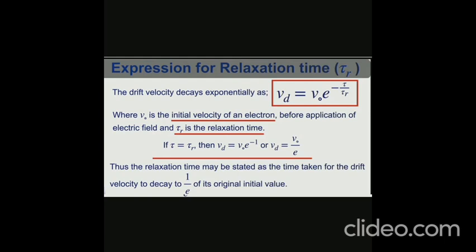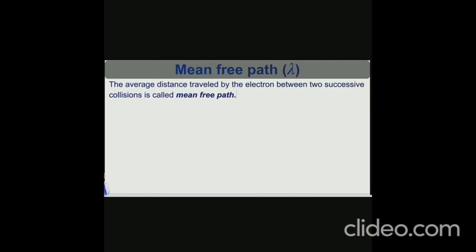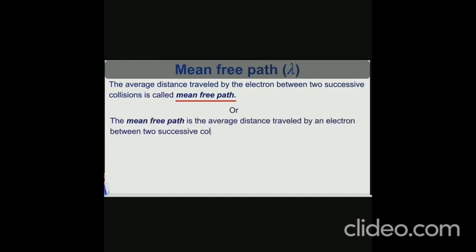Now let's see the mean free path, lambda. The free electrons in a metal are continuously moving in all directions at various speeds. They frequently collide with one another. Therefore, they move in a straight line at constant speed between two successive collisions. The average distance traveled by an electron between two successive collisions is called the mean free path.